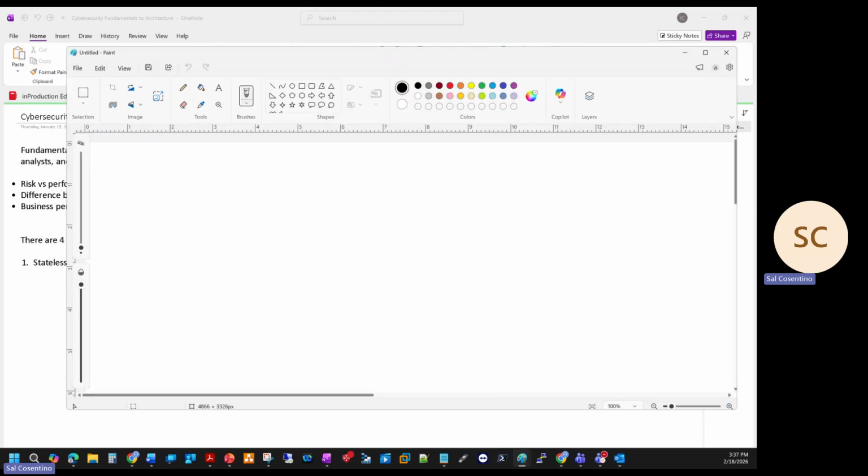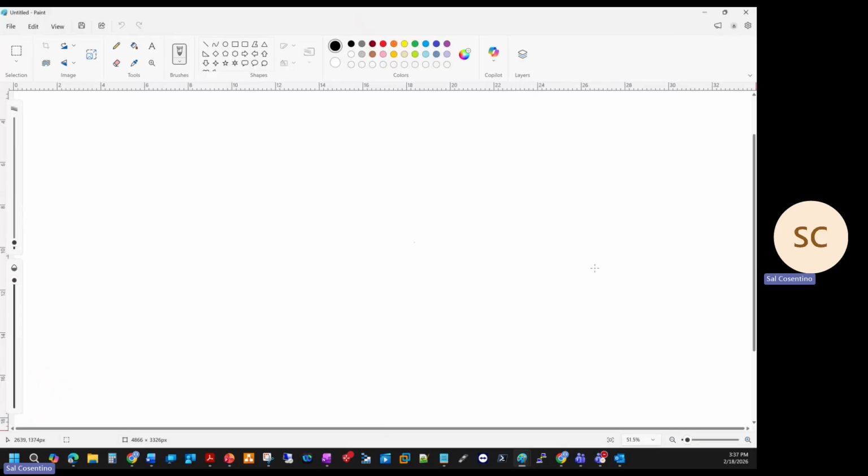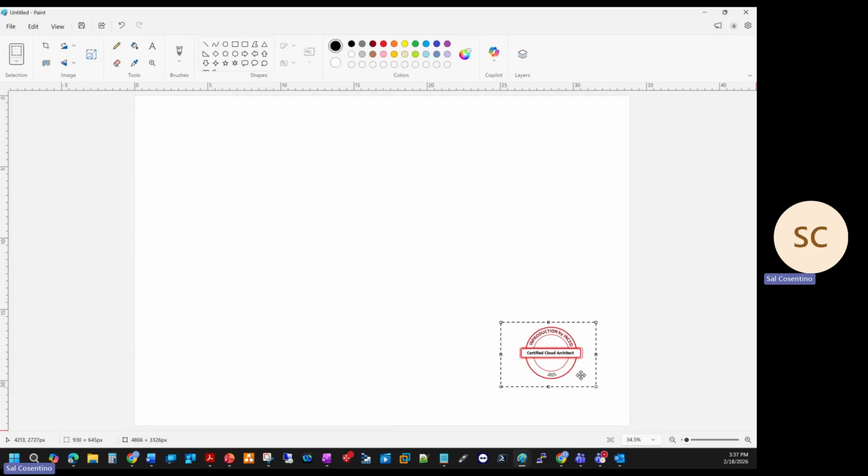All right, and I'm going to select my stamp and bring it here. But remember, it's 2026, so I've got to change that to this year.